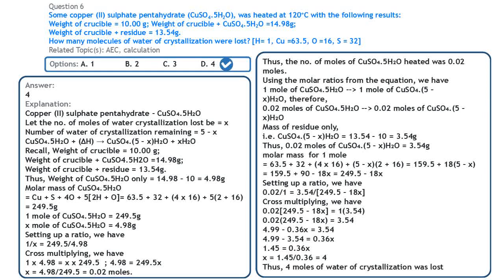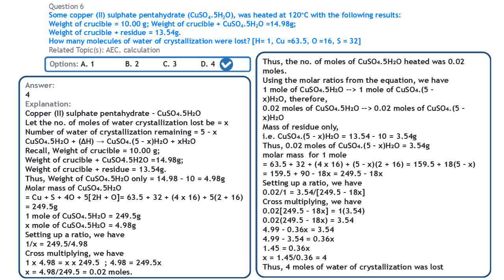If you open the bracket here, you're going to have 18 times 5, which is 90, 18 times minus X, that will be minus 18X. Then you have 159.5 plus 90, and that will give 249.5 minus 18X. If we then set up a ratio, we would say that 0.02 moles of this is equal to 3.54.